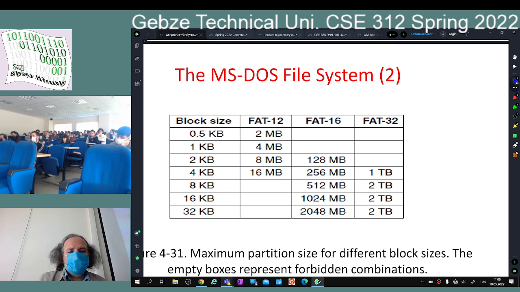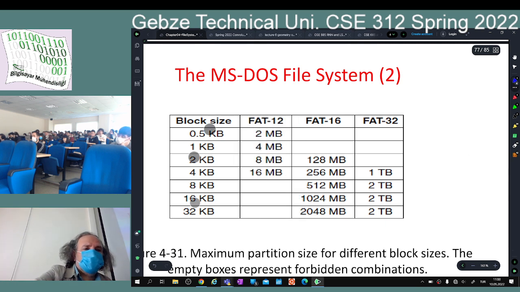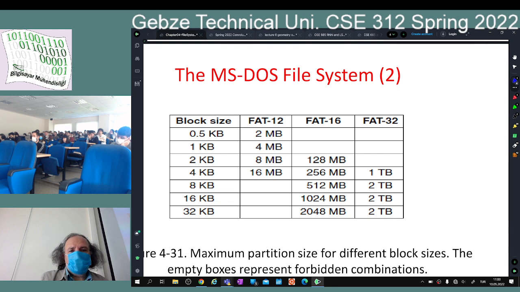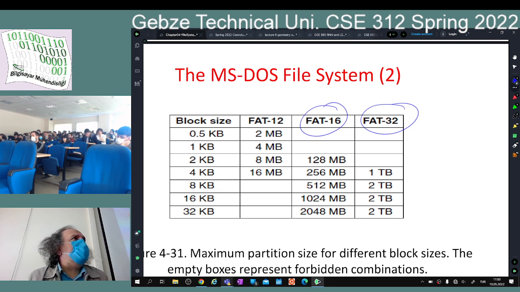As you see, you can change what kind of FAT size you have on your disk, and you can choose your block sizes. Later they removed the half kilobyte and 1 kilobyte block sizes for FAT16 and FAT32, and we still use FAT16 and FAT32 a lot nowadays, because Microsoft says it is not going to ask you to pay licensing fees if you use this.